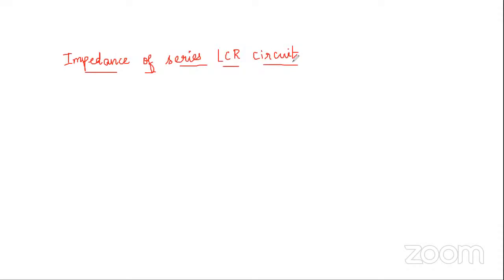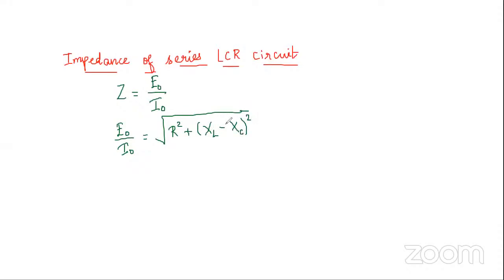So how we can find out Z? Z is nothing but E naught by I naught. So E naught by I naught is equal to square root of R square plus XL minus XC the whole square.